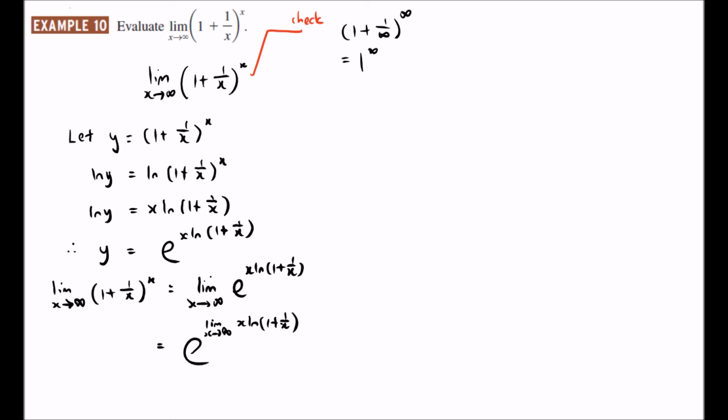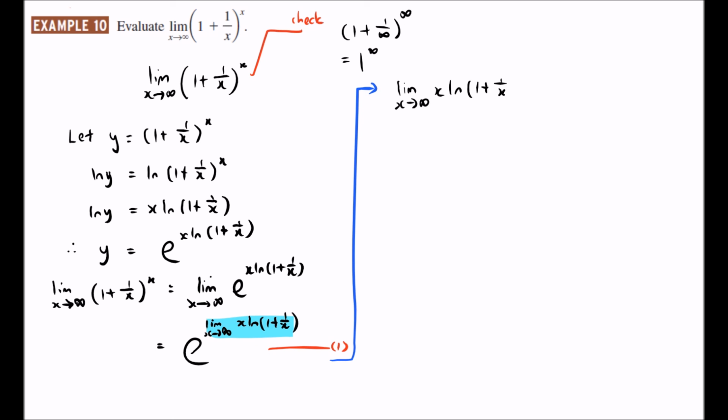So we just concentrate on finding the limit for this now, right? We say this is equation 1, remember? Now we are ready to do our next step. So we say limit, and we do checking.